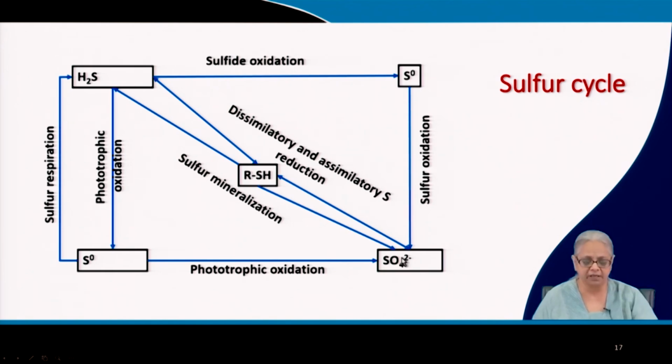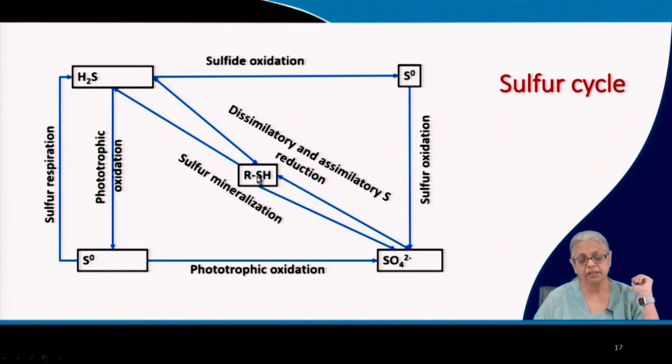Now this sulfate is going to be taken up, either hydrogen sulfide or sulfate or even elemental sulfur. We have seen some examples of that. They can be taken up as nutrients, or they can serve as energy sources.